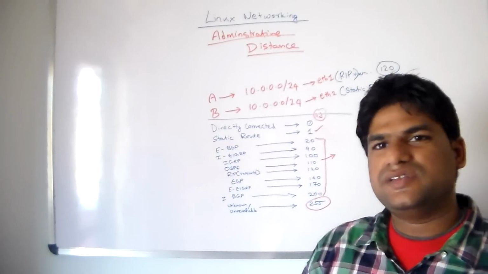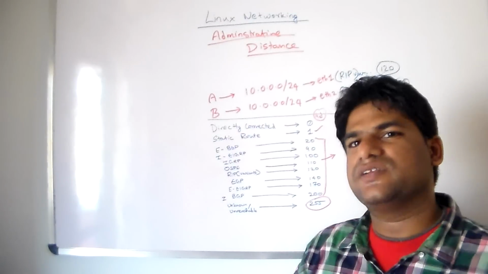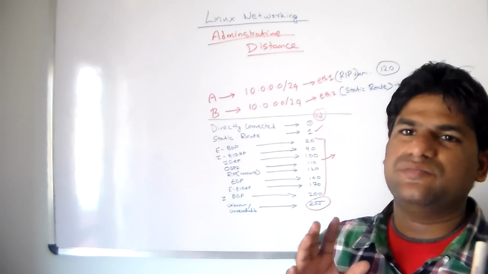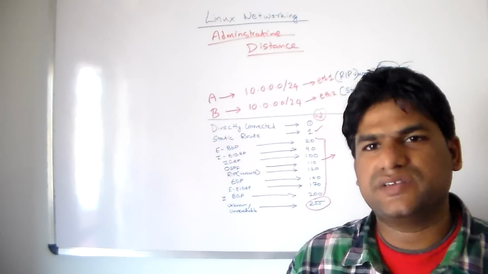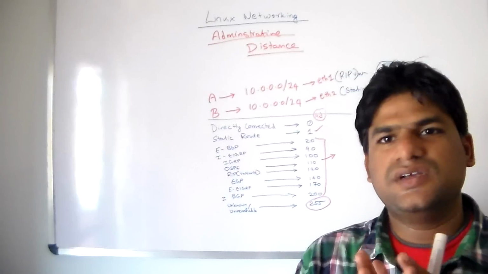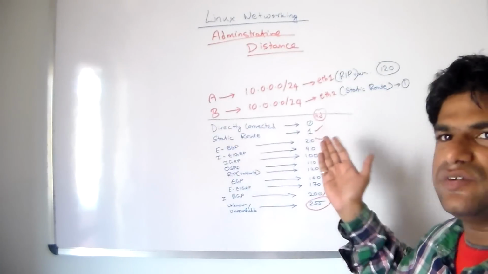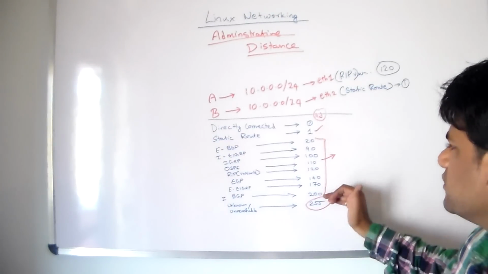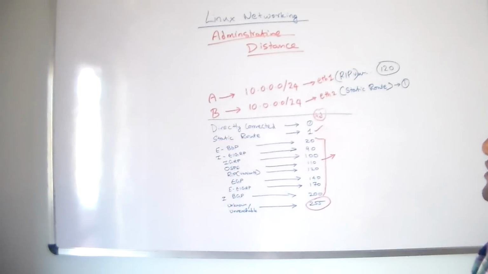With a static route, the administrator is well aware and chooses a specific route in order to avoid congestion, or it can be a decision based on network route optimization, something like that. So static routes always carry more weightage than any of the routing table entries acquired through dynamic routing protocols.